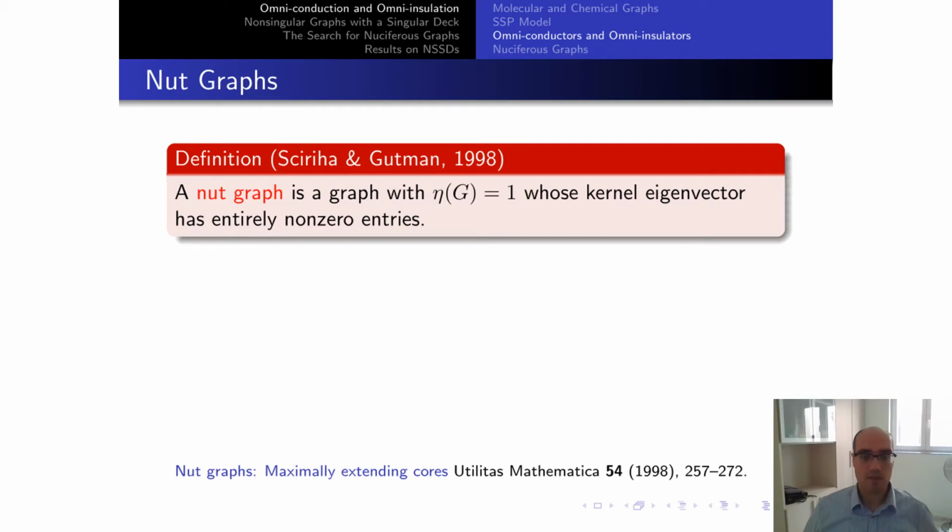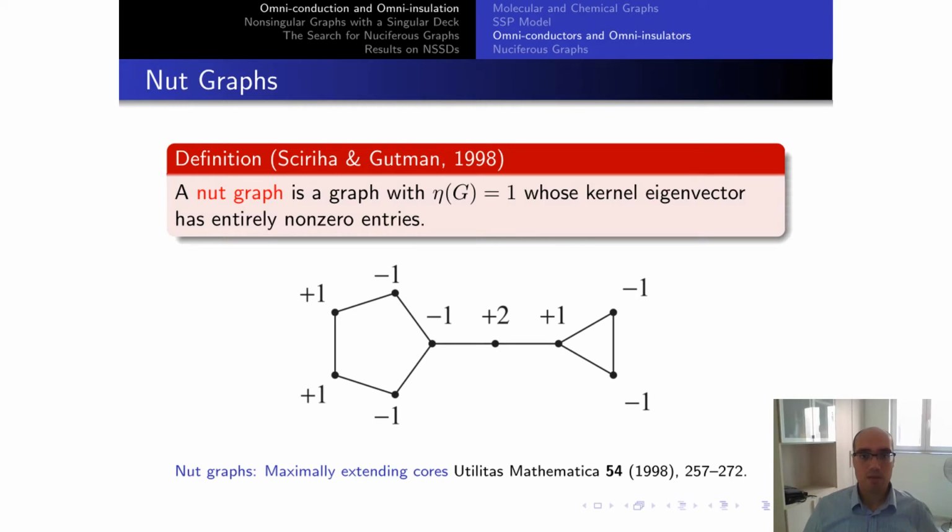So that's a knot graph. The smallest chemical knot graph is the one shown here. And these numbers next to each vertex are, in fact, the entry in the corresponding kernel eigenvector, which, as you're seeing, are all non-zero.